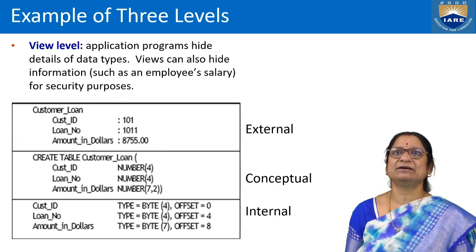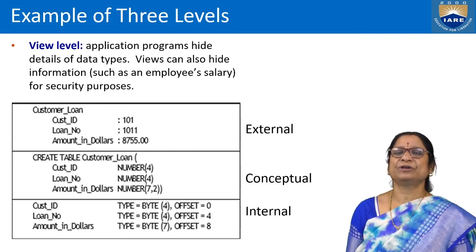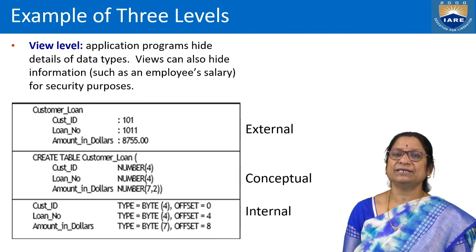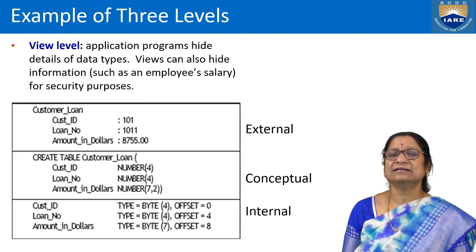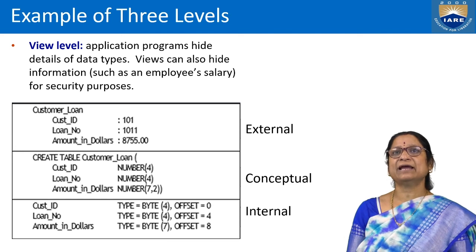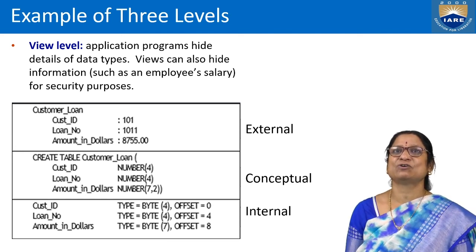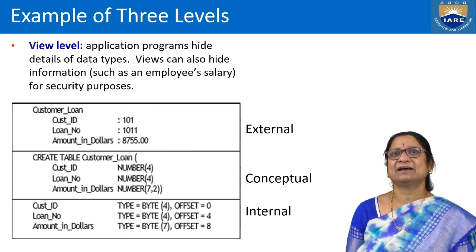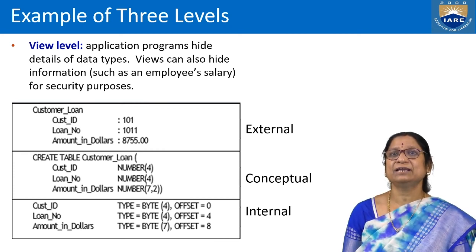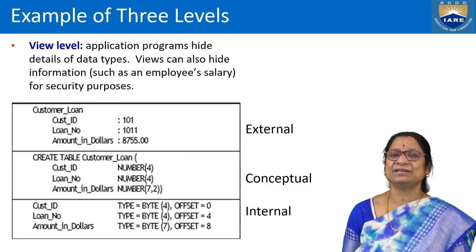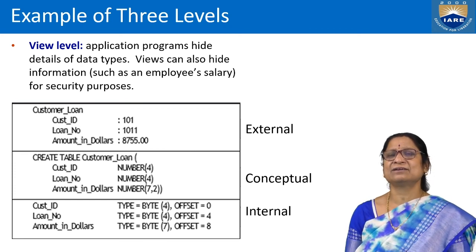Coming to the view level, the third level, the application programs don't know how the data was stored internally. They will be provided only the attribute names and how to access them, that's all. By using those names they'll access data, but internally whether it is stored as a record or as an attribute, they don't know.